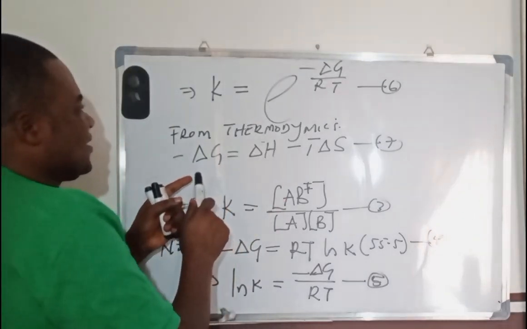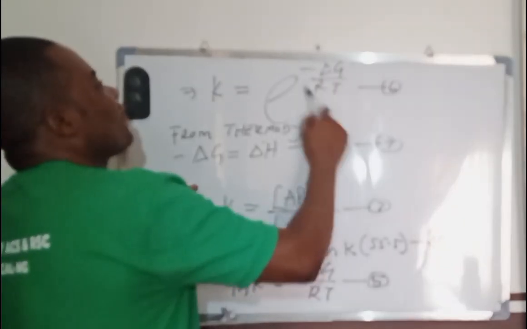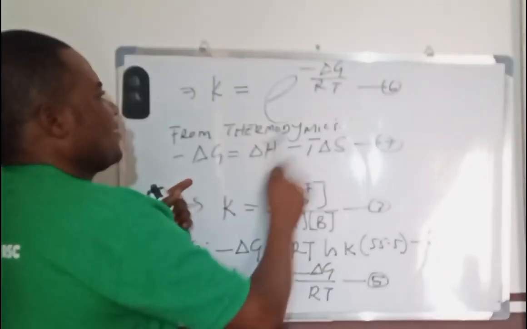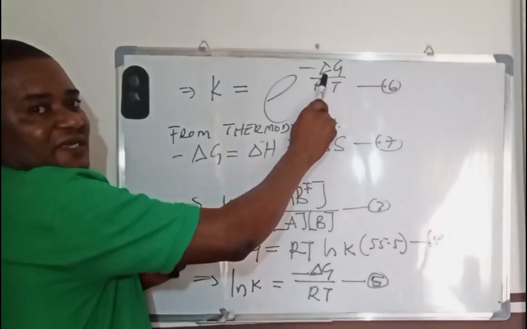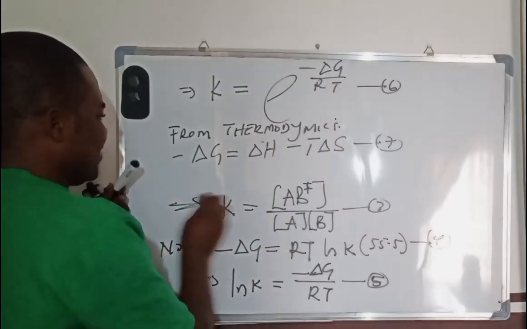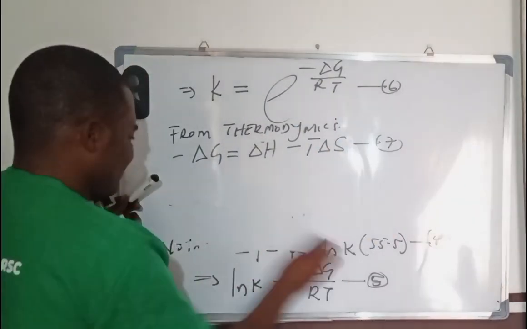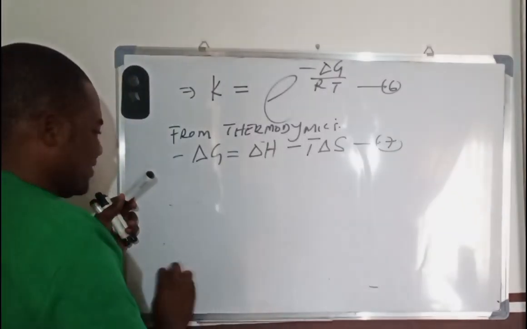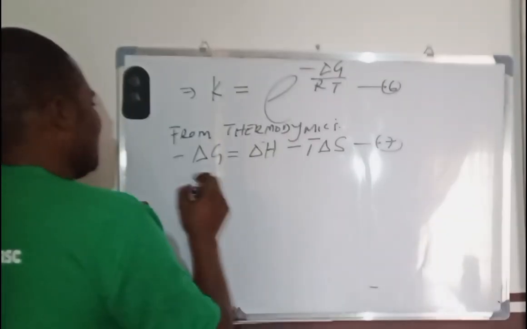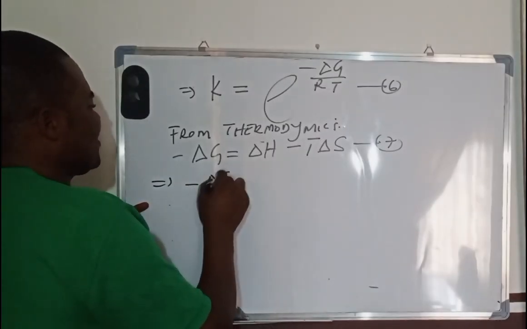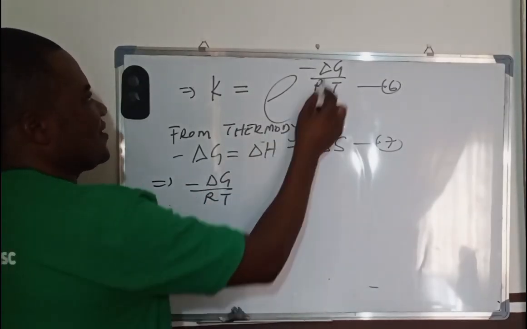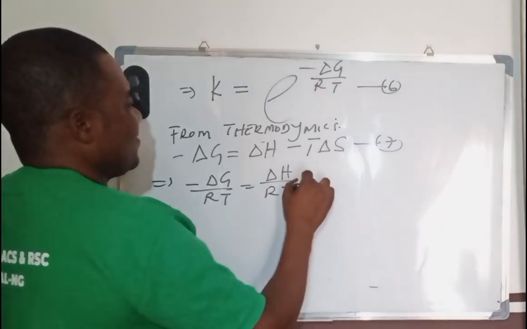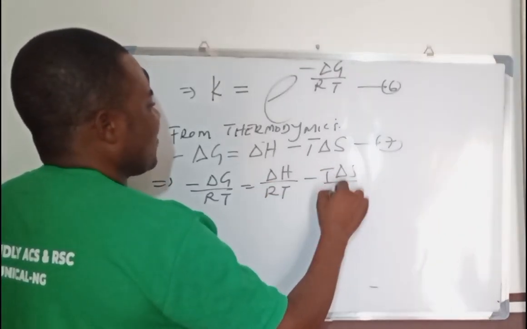In order for us to replace the whole of this with this, we are going to divide both sides by RT, because that is what this means. So in order to divide both sides by RT, it means we are going to have minus delta G over RT, which is this, equal to delta H over RT minus T delta S over RT.